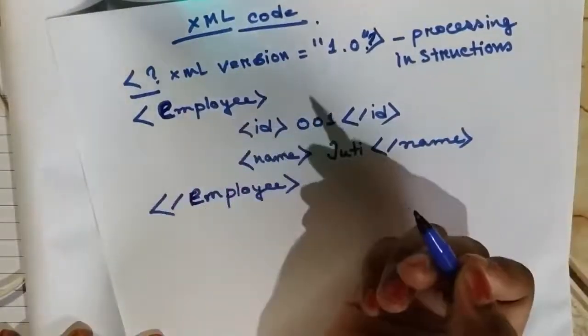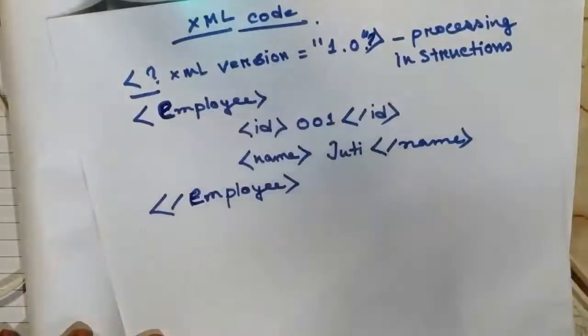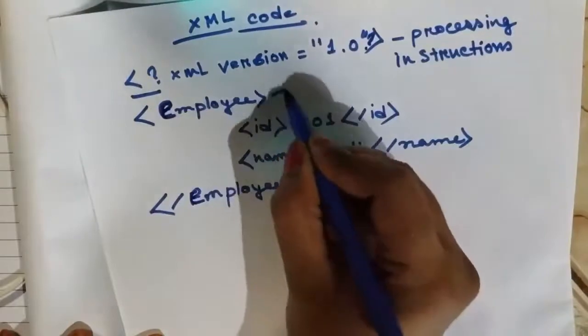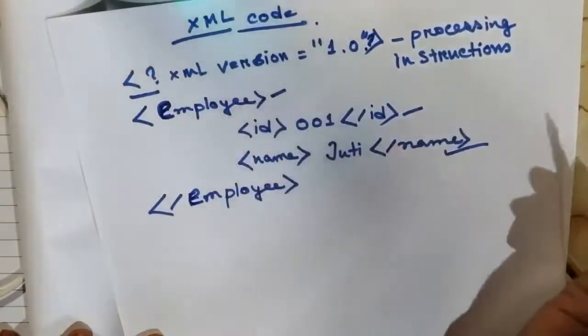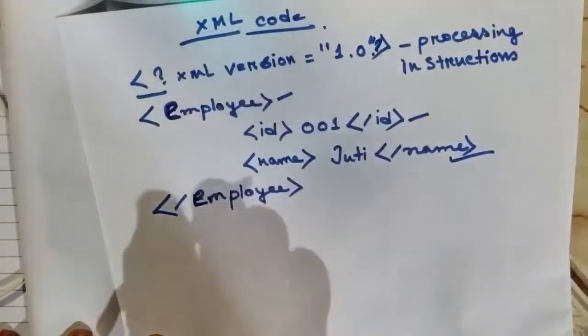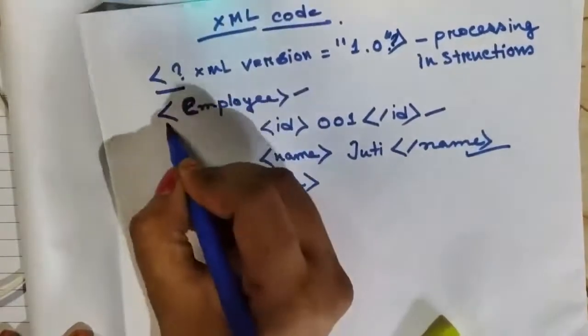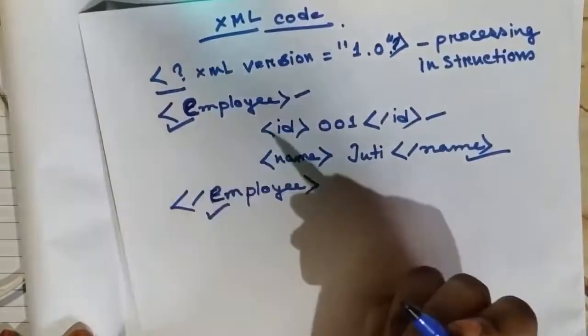It has some elements like employee, then ID, and then name. These are elements. These are opening elements, these are closing elements.